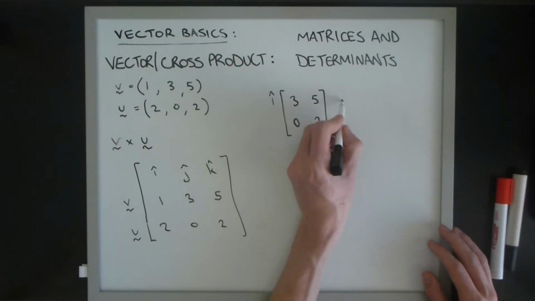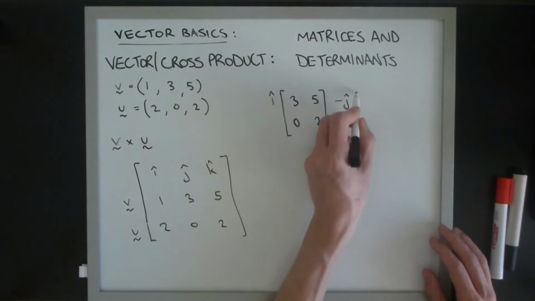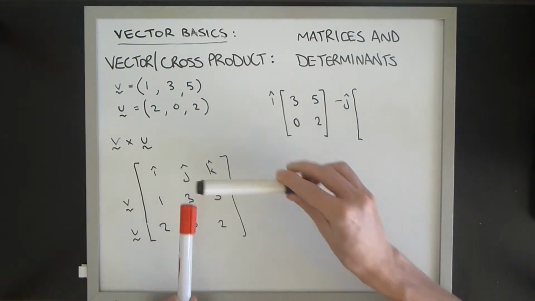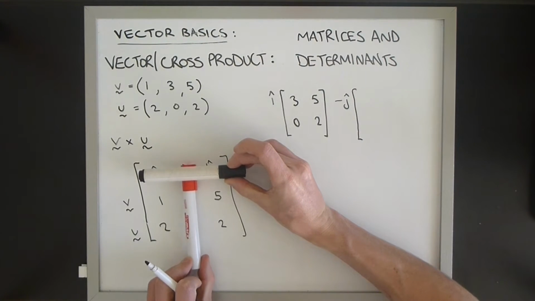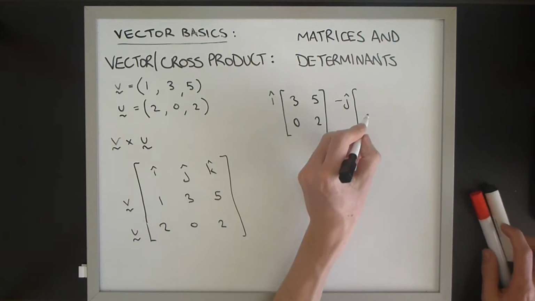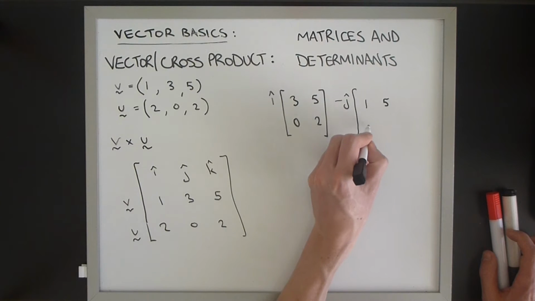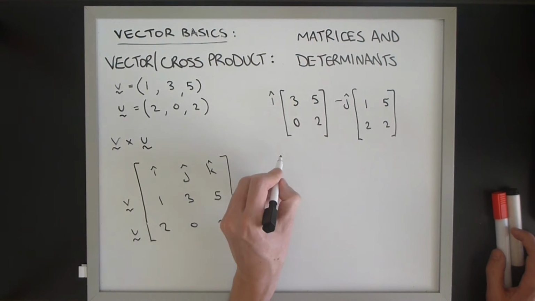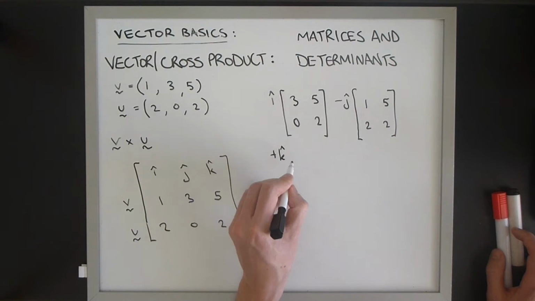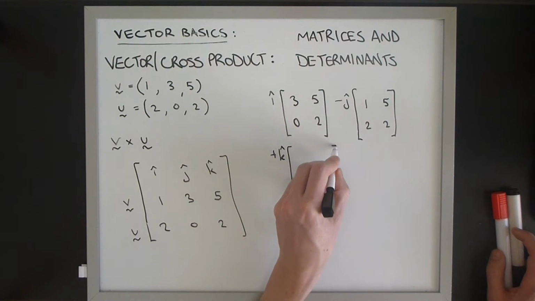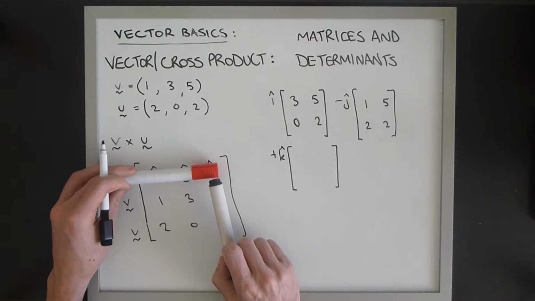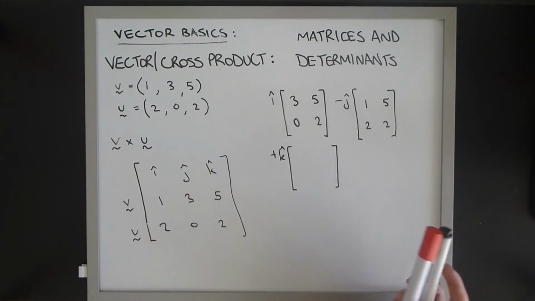It's minus j because it's a negative, and that is a 1, 5, and a 2, and a 2. And then it's plus k, which is 1, 3, and 2, 0.